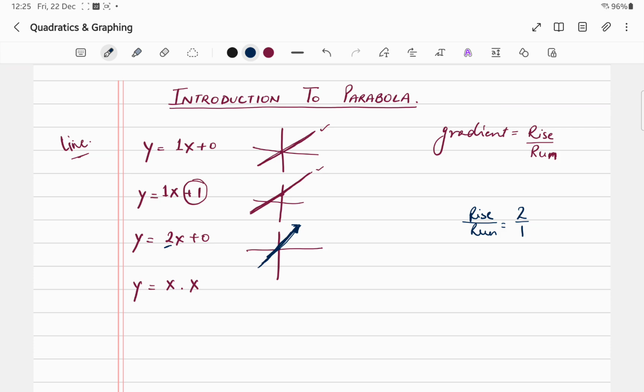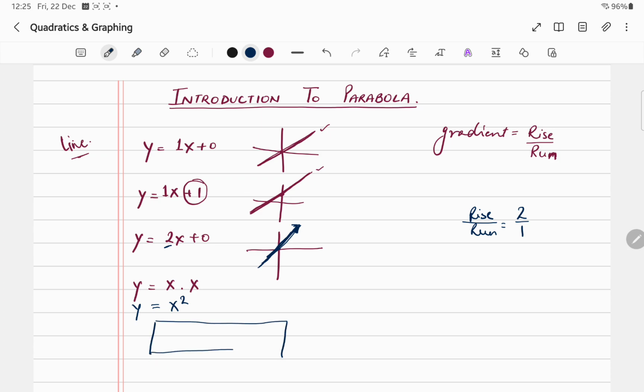Now, if we have x times x, what happens now? When we have x times x, in a better way, we can write it as x squared. Let's see what happens. The best way to find out what happens in an equation is by creating a table. You put in the x values yourself, and you find the y value.